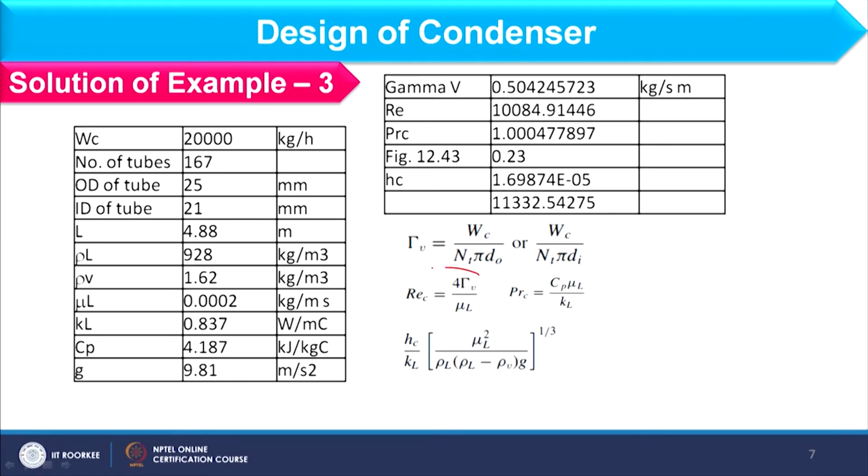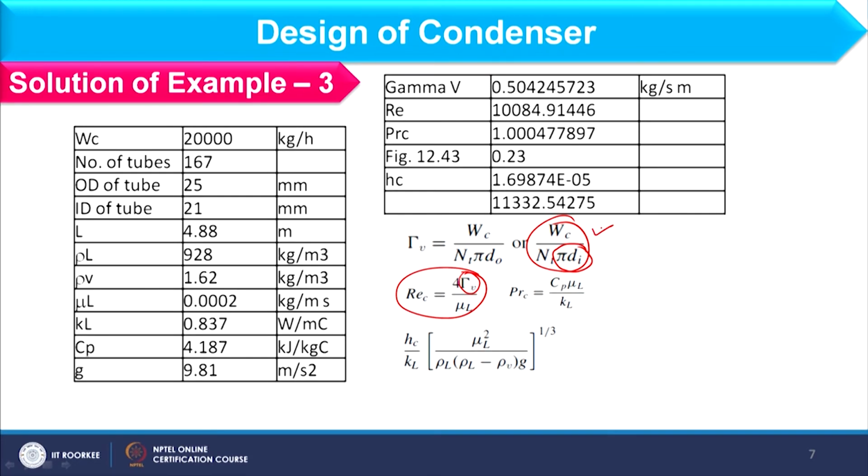To find out the Reynolds number, this is the expression where I need gamma V, and that gamma V should be this expression because condensation is occurring inside the tube. So, the perimeter of the inside of the tube I should consider.